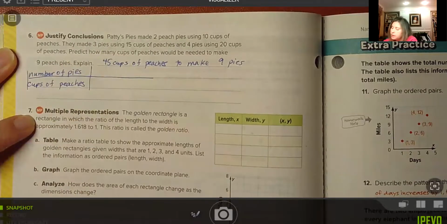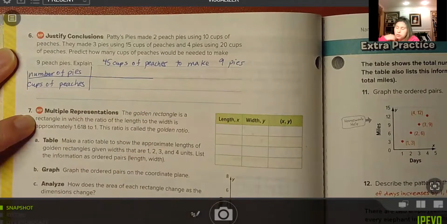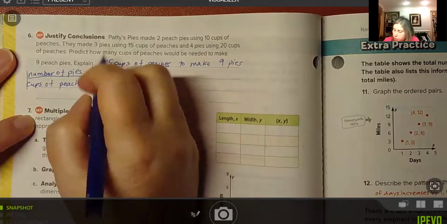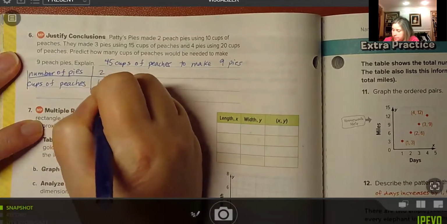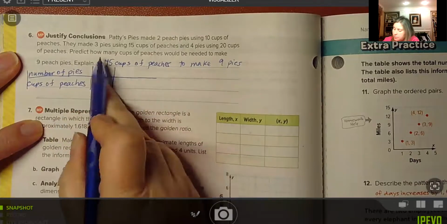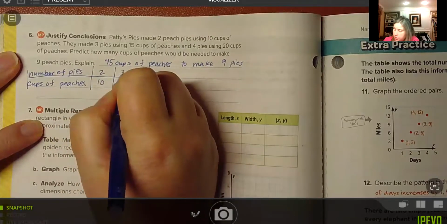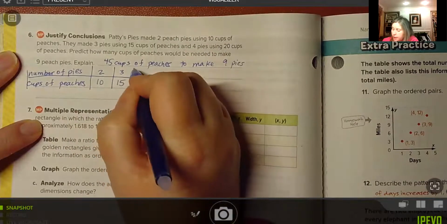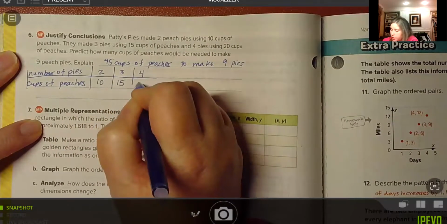Okay, so we know that Patty's Pies made two pies using 10 cups, so 2 to 10. 3 pies needing 15 cups, so 3, 15, and then 4 pies needing 20 cups, so 4, 20.